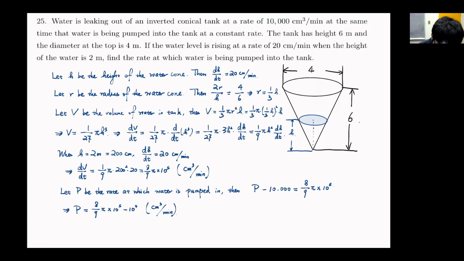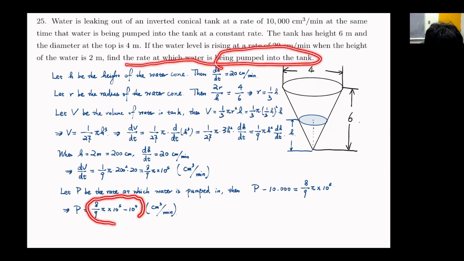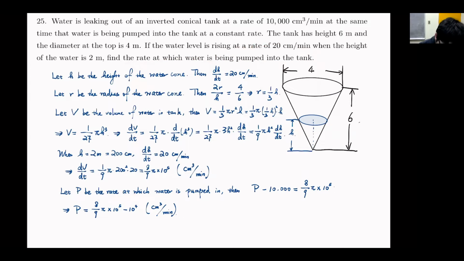Okay, so this is precisely the number we want. We needed to figure out the rate at which water is being pumped into the tank, and now we get the rate. The rate is precisely this number. Because in this class we do not allow calculators, when you formulate the answer, you just formulate it in this way.